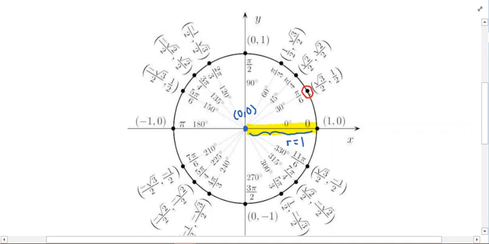Next to the point you see an XY pair, the x coordinate and the y coordinate. These are the coordinates of that particular point, where it is located in the XY plane.